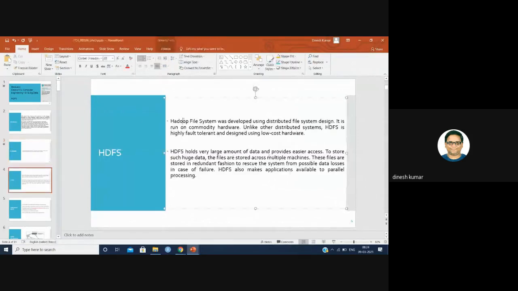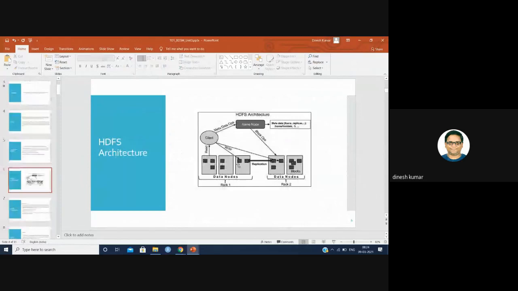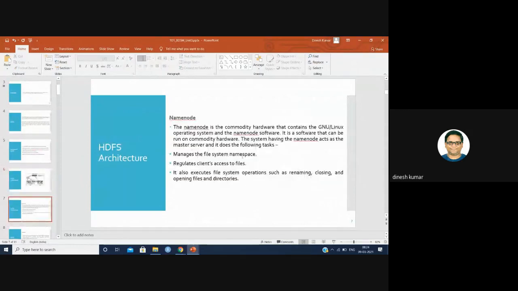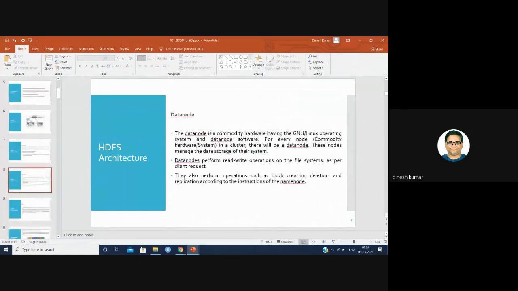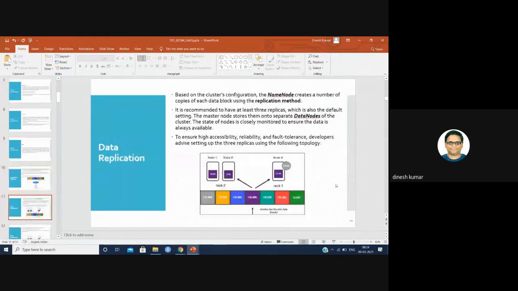So, what is HDFS? Definition, features of HDFS. We see HDFS architecture. We have seen HDFS architecture, we discussed data node, block, data block splitting, okay, data replication, which is important.